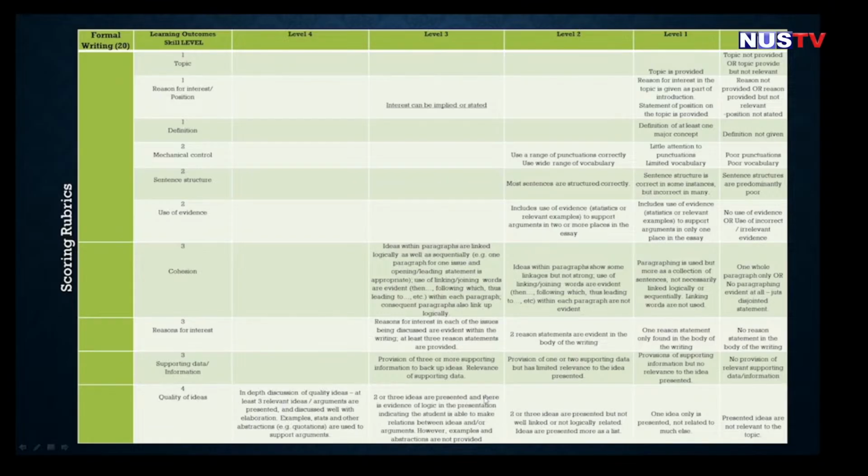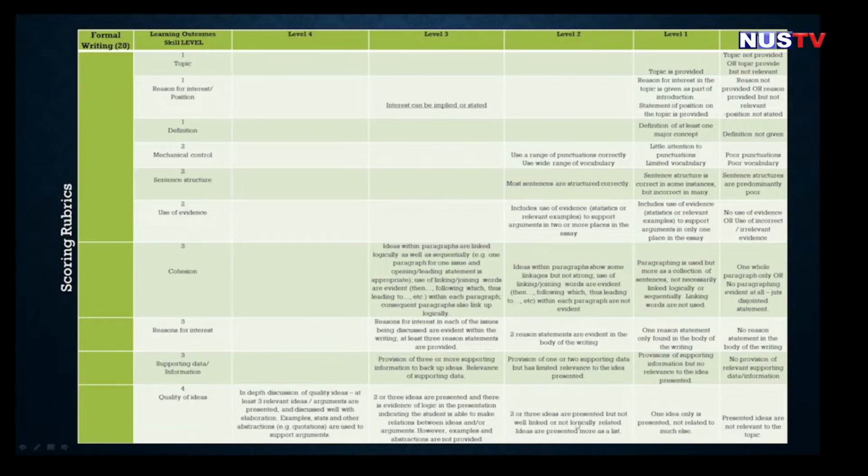If you provide 2 or 3 ideas, and there is evidence and logic in your presentation indicating that you've made a relation between your ideas and arguments, and you've provided examples, but not enough examples, you can get a level 3 here for quality of ideas.